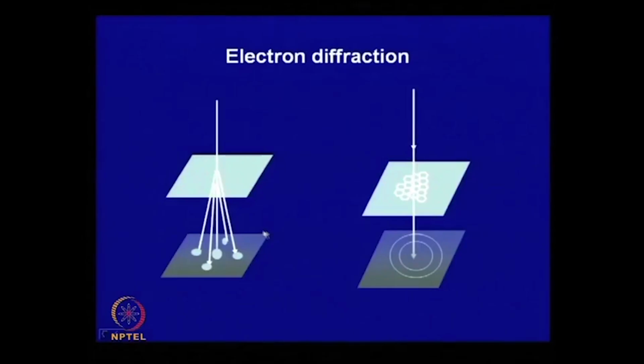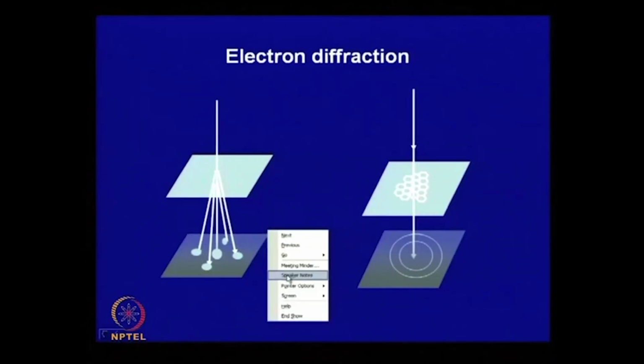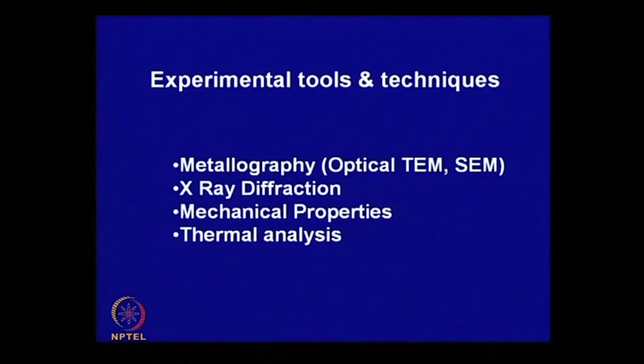With this, we come to the end of this topic on experimental tools and techniques. What we learned in this course is basically the metallographic techniques to look at the microstructure.